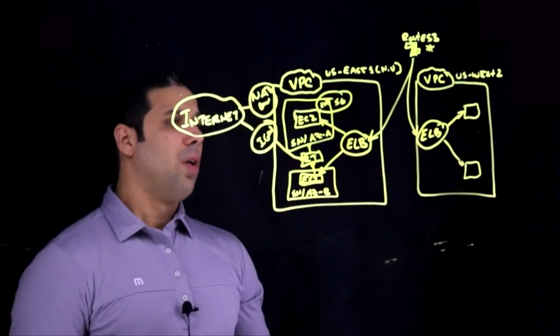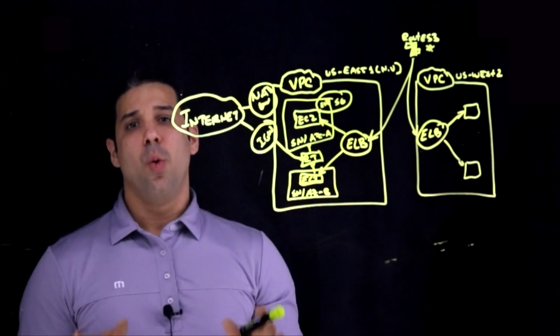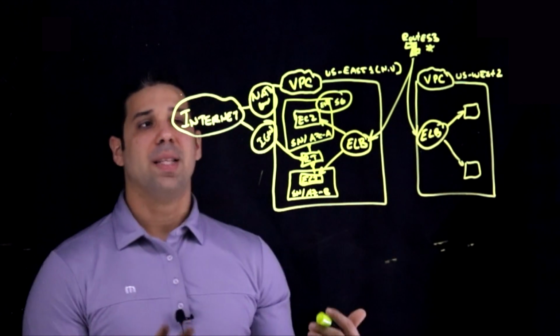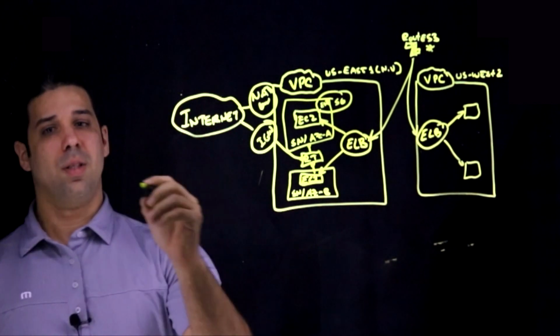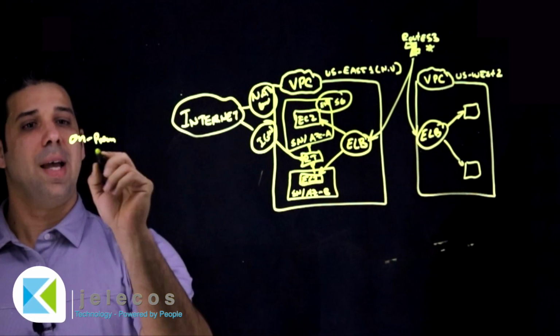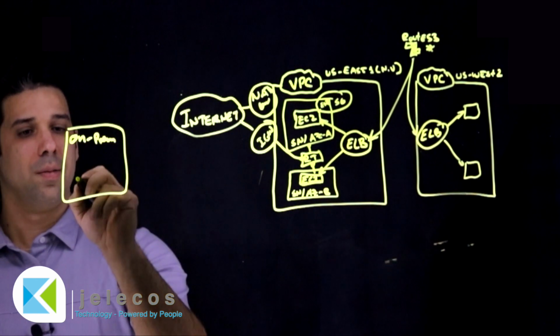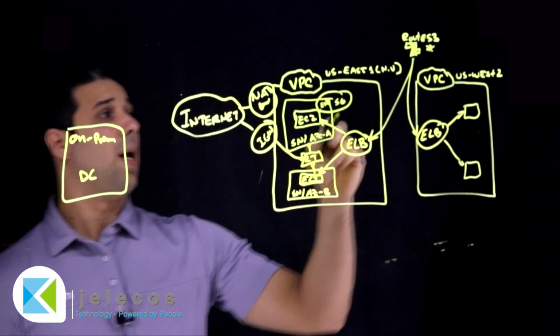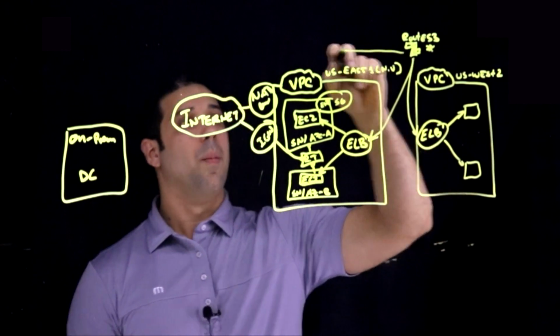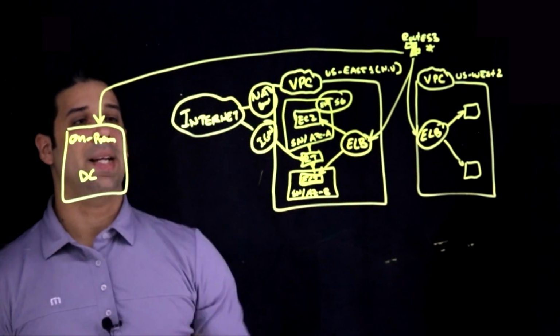Now, growing up in AWS, we have seen many organizations that like to start connecting with their on-prem environment. So let's say that we have a data center, and we also like to have this kind of failover pointing out to our data center.